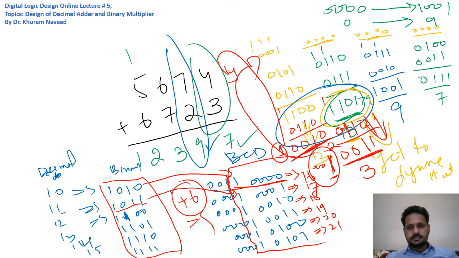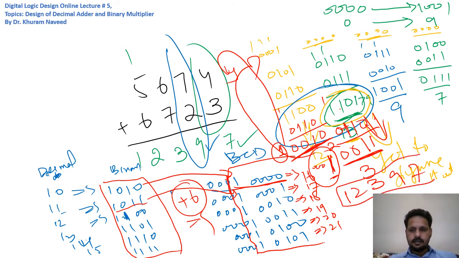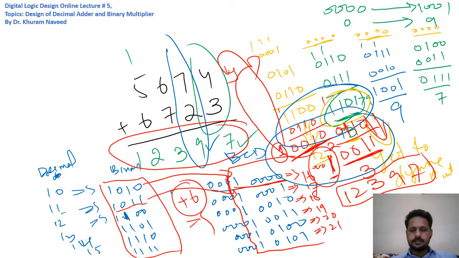So the answer is now 1 2 3 9 and 7, right? It is exactly the same answer that we obtained here. So although in some BCD additions we had to perform some extra manipulations, we found a way to fix this problem, right?